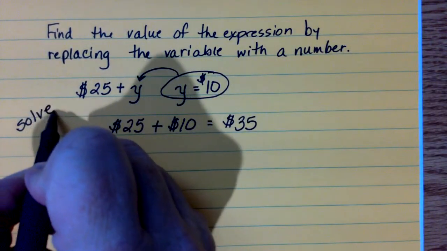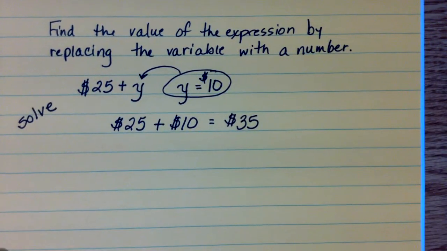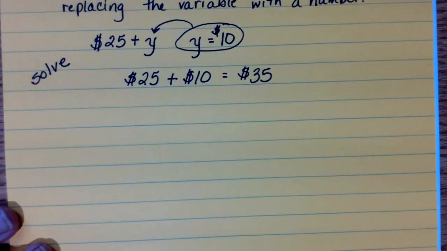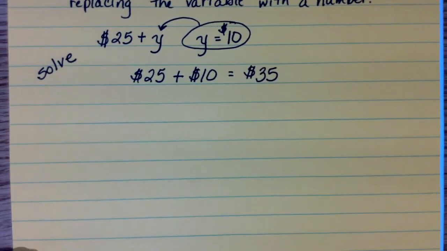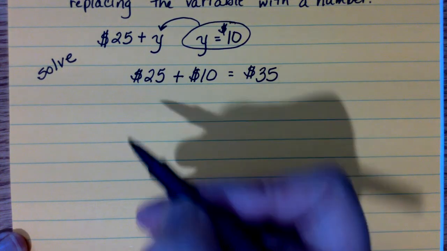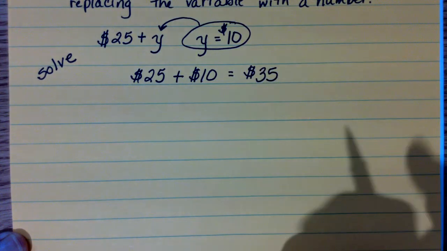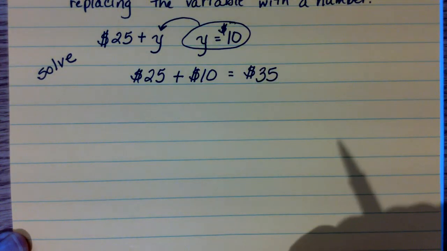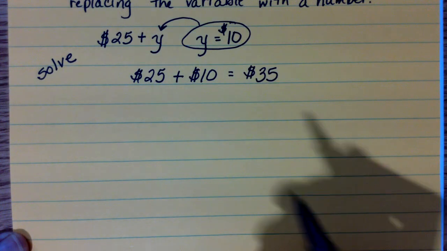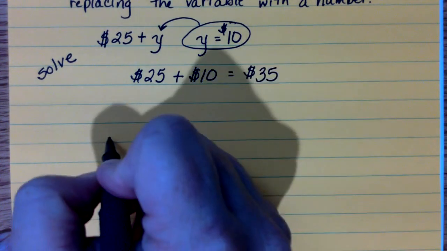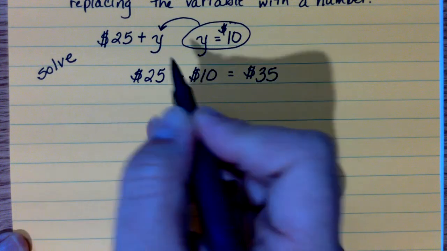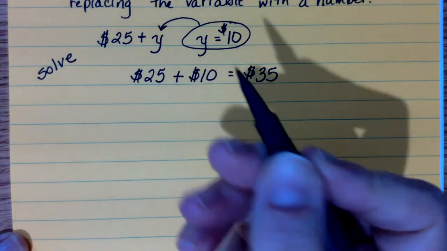This is where you're actually doing the solving. You're putting in a number in place of the variable, and you're actually solving the problem. For instance, let's say you have, and we'll do one for each operation real quick. Let's do candy.